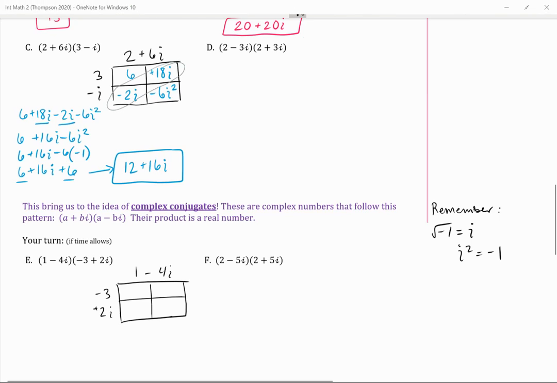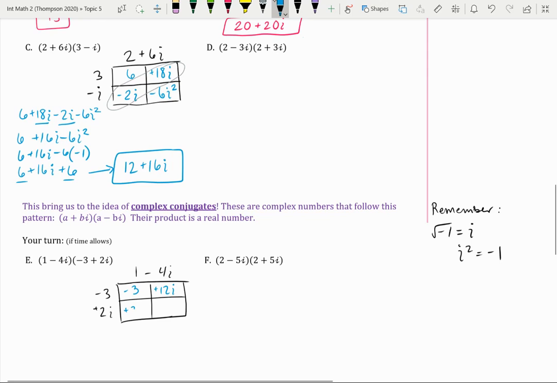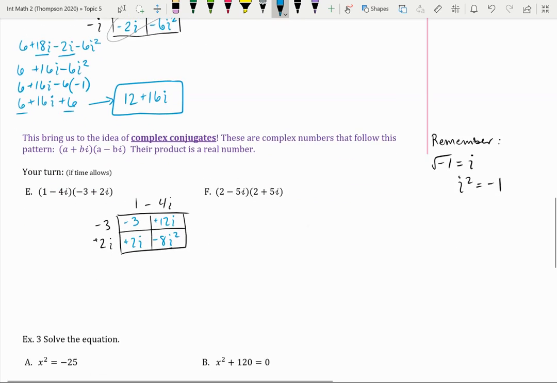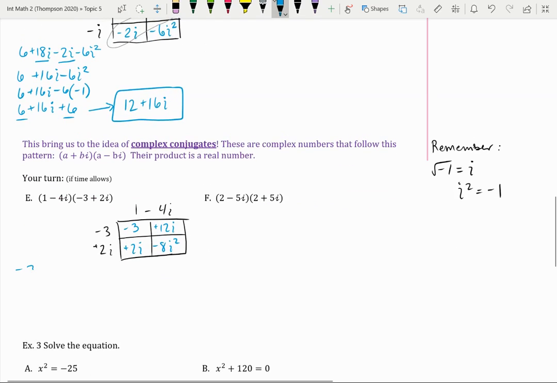Okay, so for E, as I multiply, I get a negative 3, a positive 12i, a positive 2i, and a negative 8i squared. And if they're in a different order, that's fine. I combine my like terms.